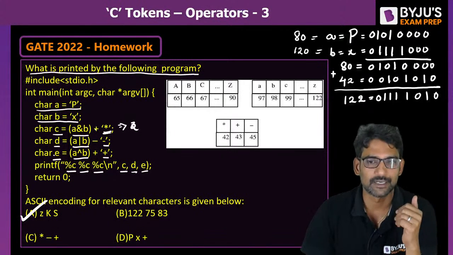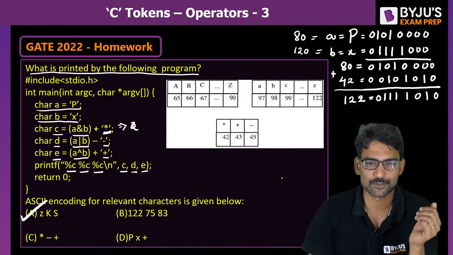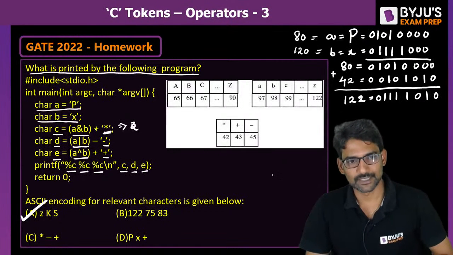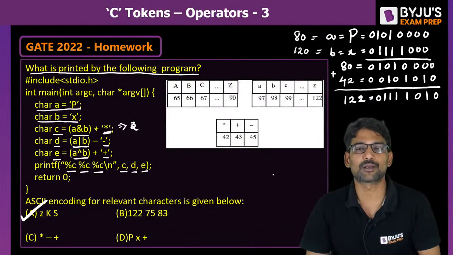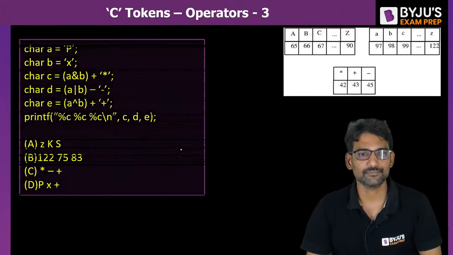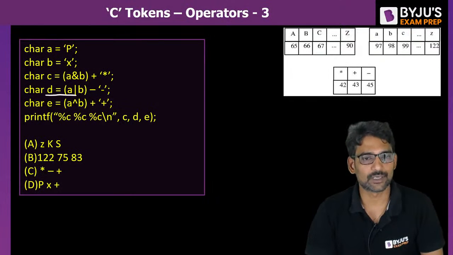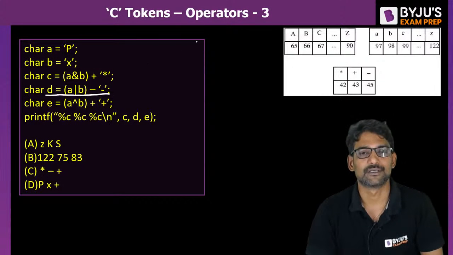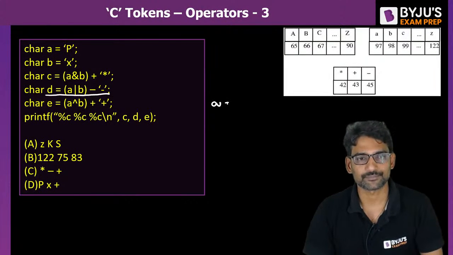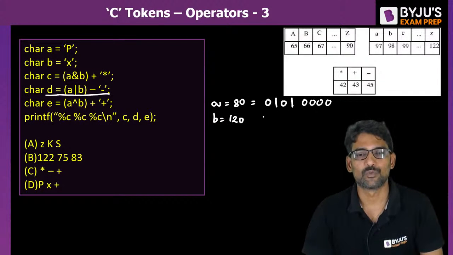However, let us do for next also. That is char D is equal to A or B minus minus. So, A is what? 80. B is what? 120. So, 80 convert into binary. This is 80. 120 convert into binary.